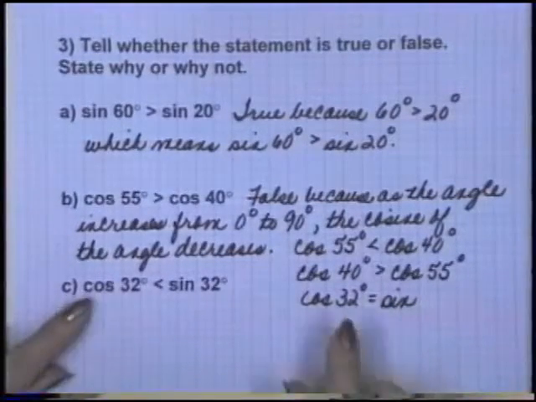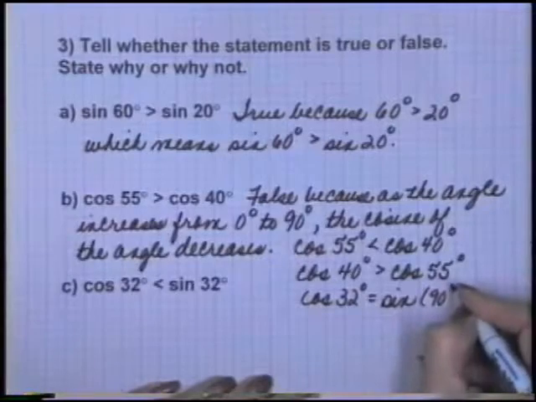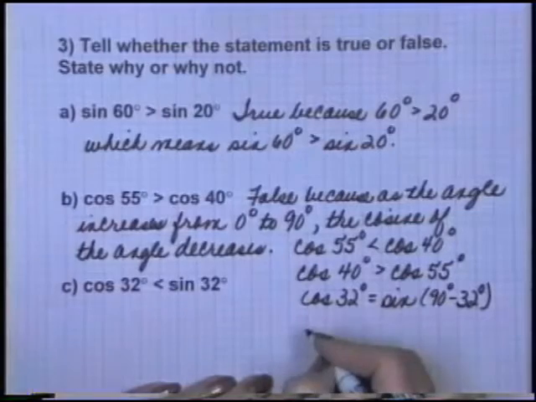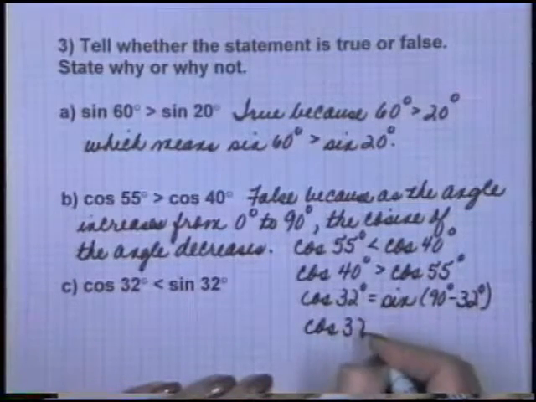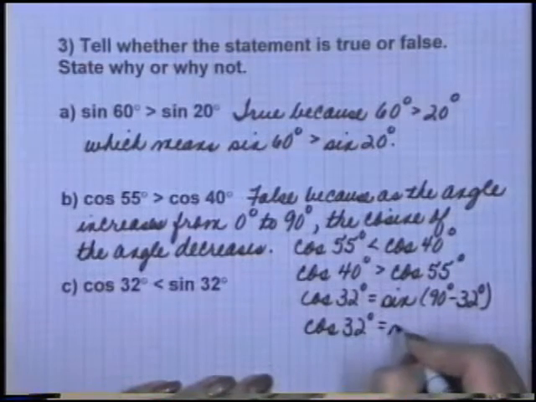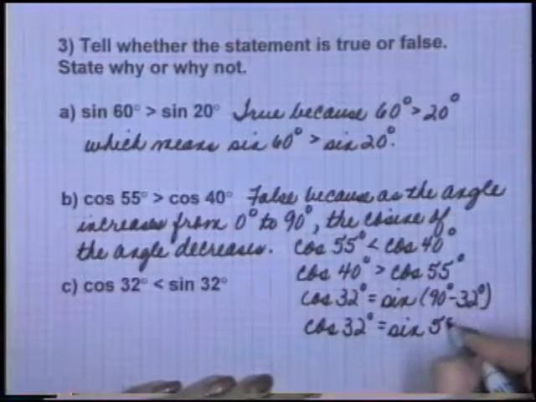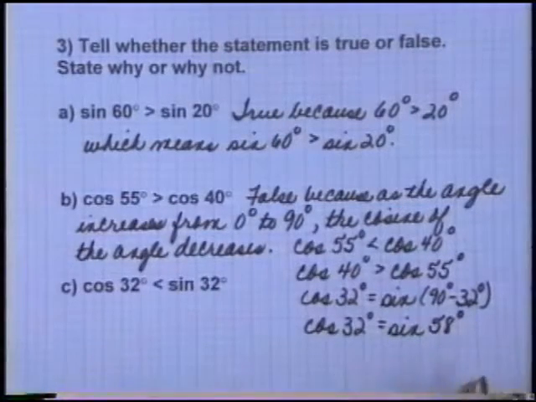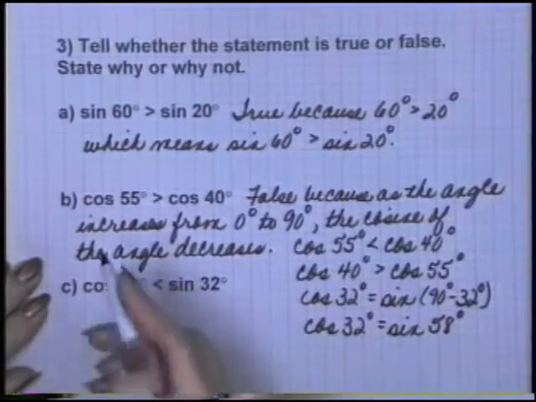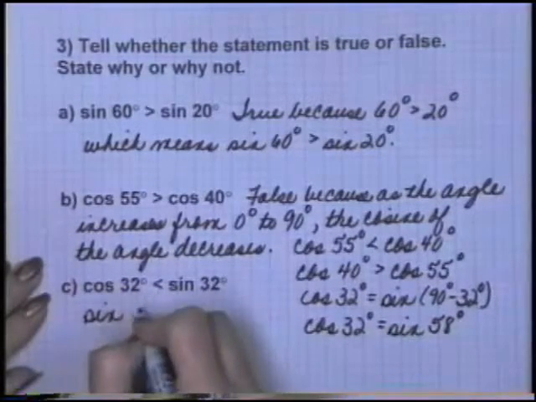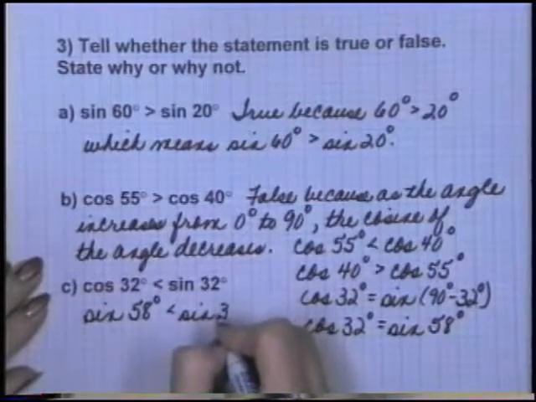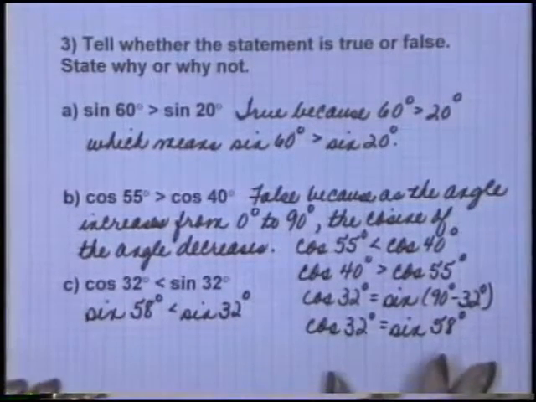I know that it's equal to the sine of the complement of 32, which of course would be 90 minus 32. So let's see, what is 90 minus 32? That would be 58. So what I can do is, in place of the cosine of 32, since it's equal to the sine of 58, I can write the sine of 58 degrees.